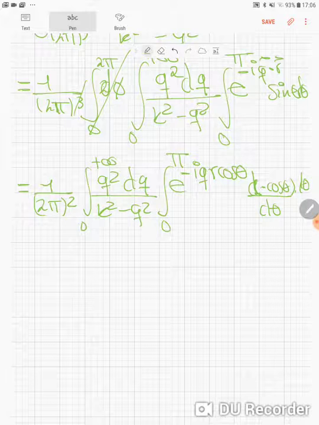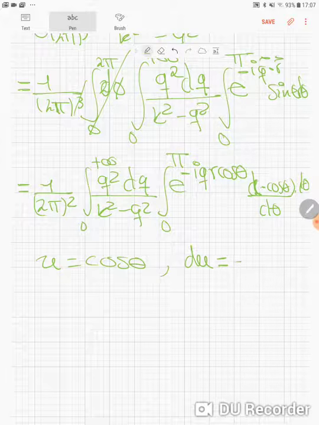So we do the following replacement. We say that u is equal to cosine theta, and du is equal to minus sine theta dθ.